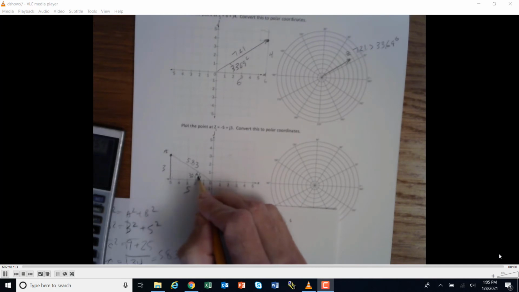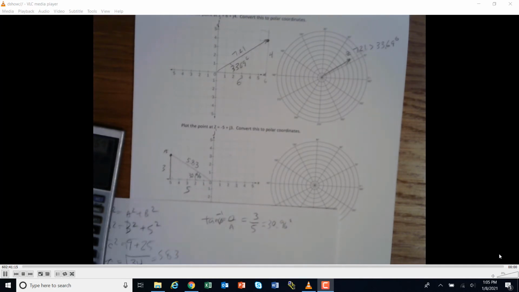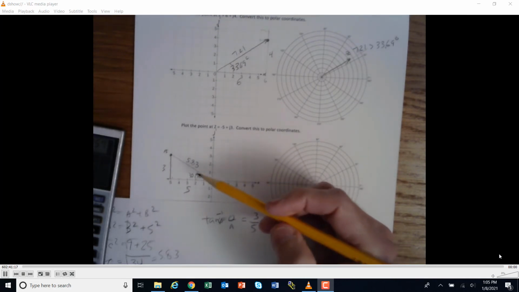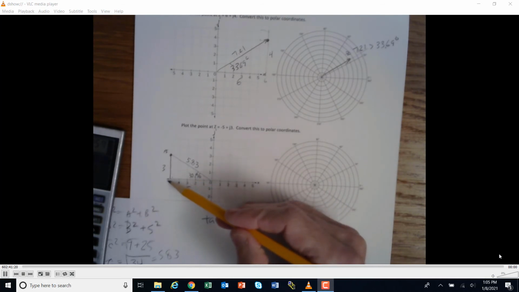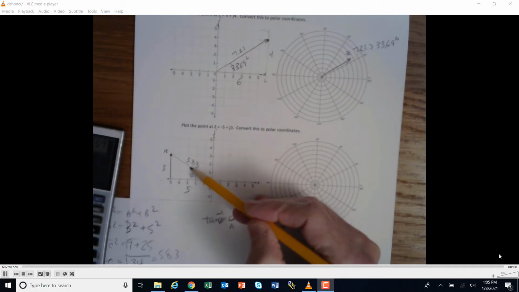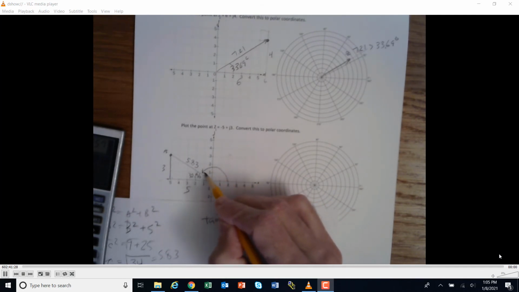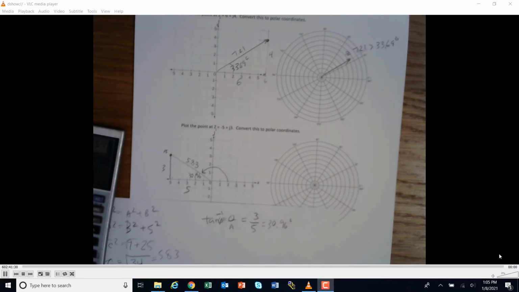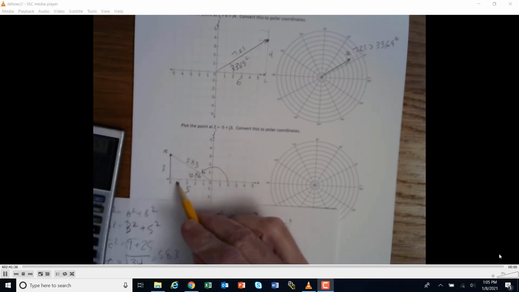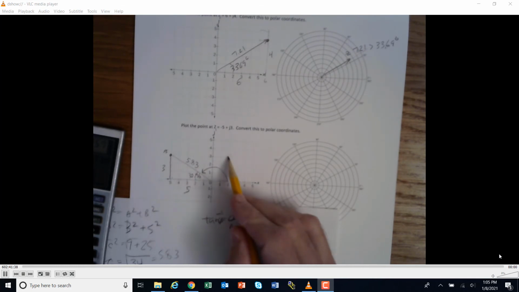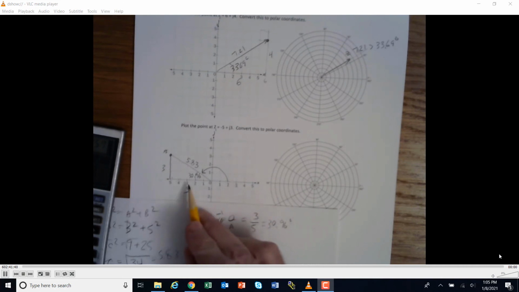Okay, so the issue here is that we don't designate the angle from this point over here, or from this direction here. The angle is going to be given this way in that direction. So what is that angle? It's not 30.96. We have to recognize that half of this is 180 degrees, and so this must be less than 180.